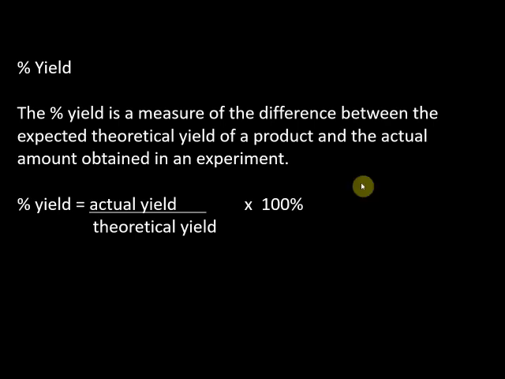Done. And then, of course, there's this equation which you now need to be able to manipulate. So I should be able to calculate my actual yield using this equation, or the percent yield, or even possibly the theoretical yield, and then figure out how much I started with, that sort of thing. So there's different variations that we can use for this.